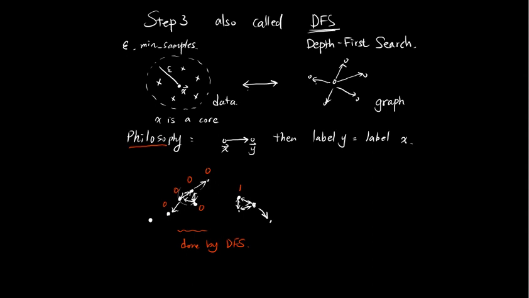So this new territory will go to here, and go to here, and go to here. And we're done. And so the last one, I did not touch anything about that, and this one is going to be a noise. So if you focus on this particular case, then you will realize that only the red points are the cores.